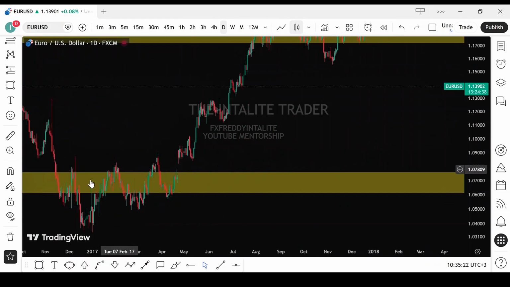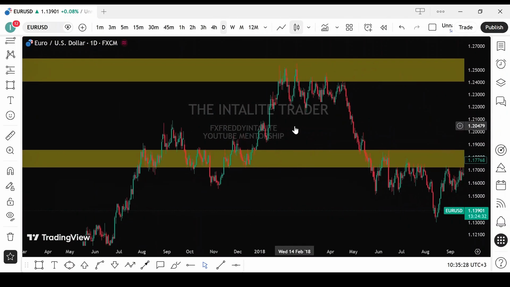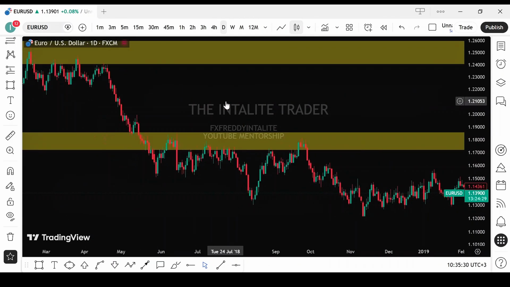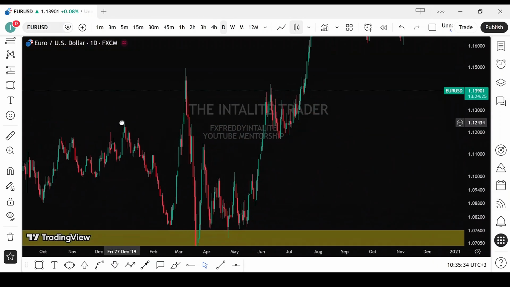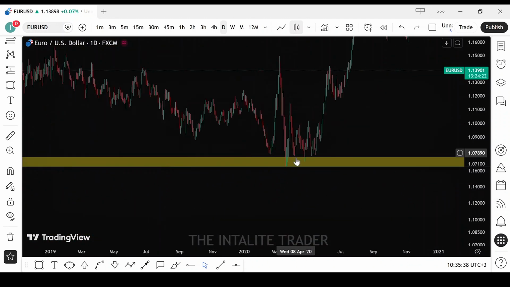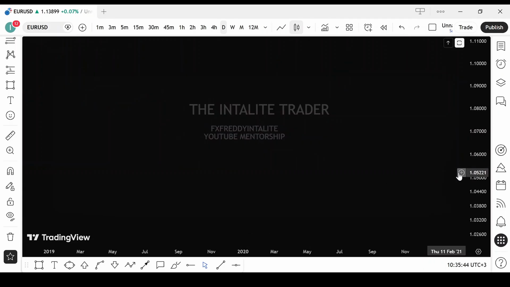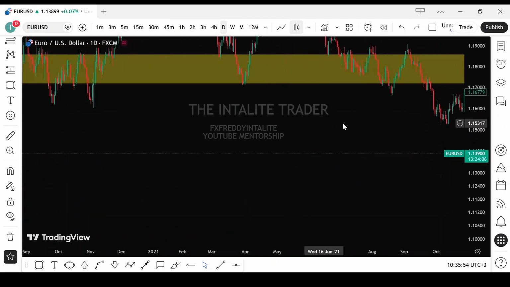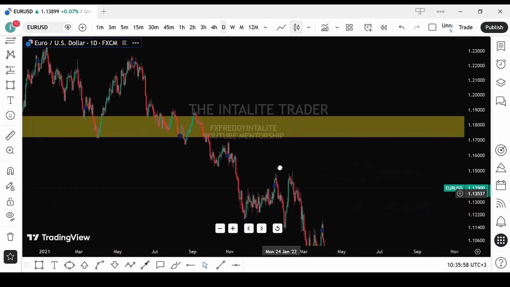Price came, reached here, turned around, went up. So these levels are respected by the market, and those are the ones we call major key levels.